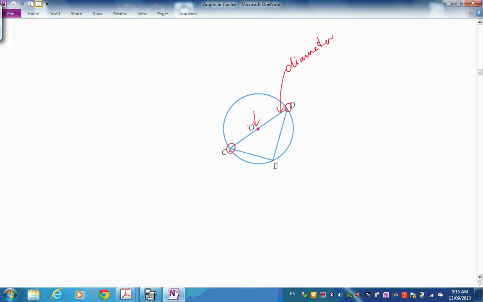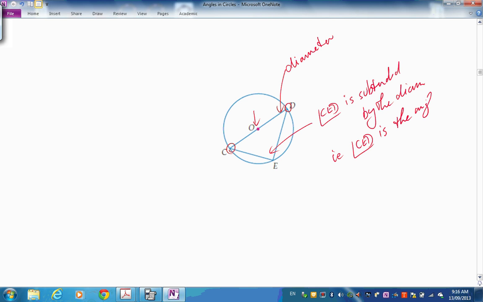It's going through the centre, and we would say this angle here, angle CED, is subtended by the diameter. But we generally say differently, that is, angle CED is the angle in the semicircle.